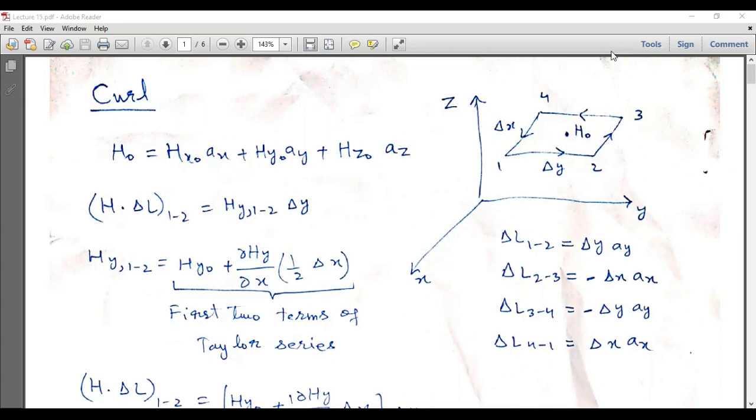In this lecture, I will continue my discussion on application of Ampere's law, and I will apply Ampere's law on a closed path in which the magnetic field intensity at a point is given as H naught, and around this point, I will have four differential lengths, and those four differential lengths actually constitute a closed path, and I will apply Ampere's law on this closed path, and at the end the expression that I will get is actually of a very important aspect, and that expression will correspond to the curl, right?